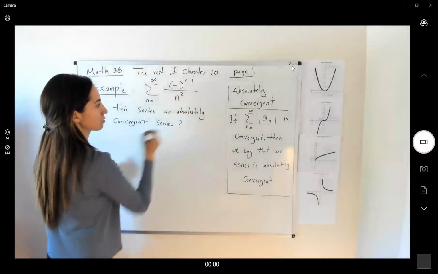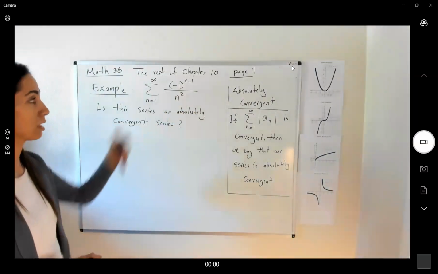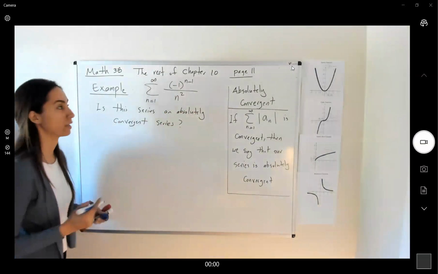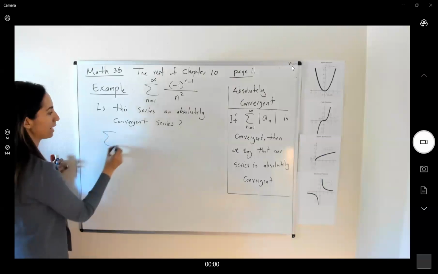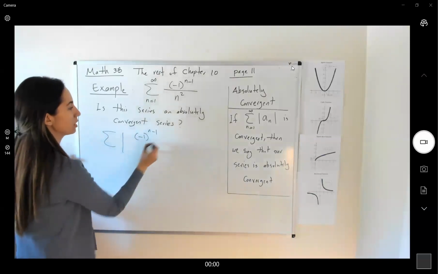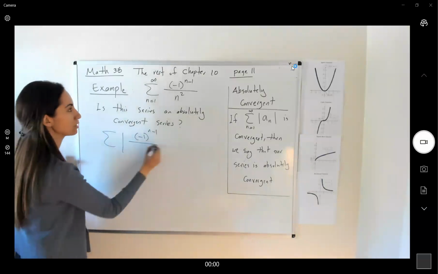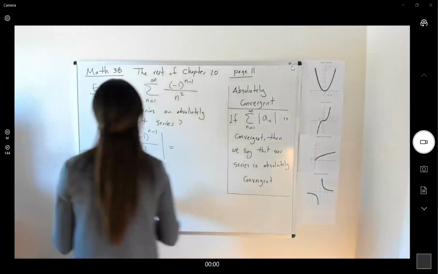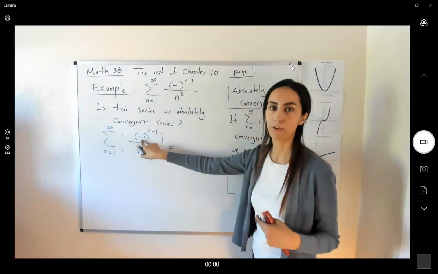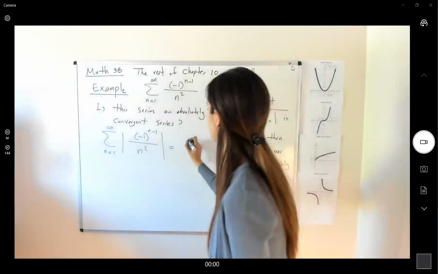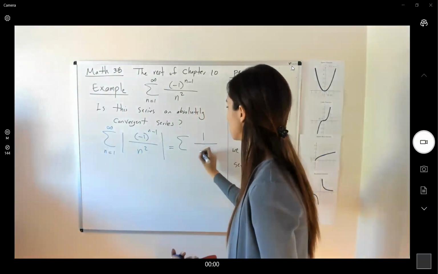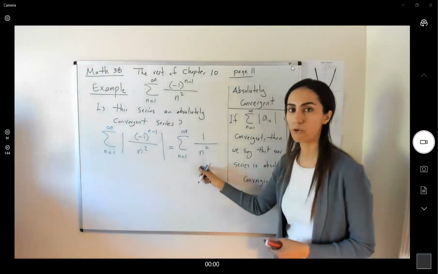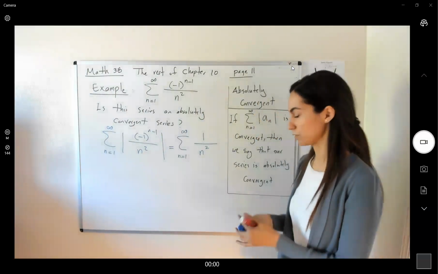Let us take the absolute value of this series and see whether it is convergent or divergent. The absolute value of (-1) raised to any exponent is positive 1, so you get the sum of 1 divided by n squared, from 1 to infinity.